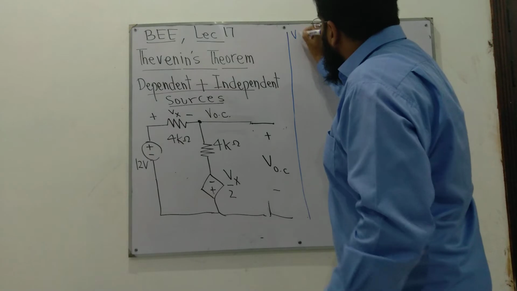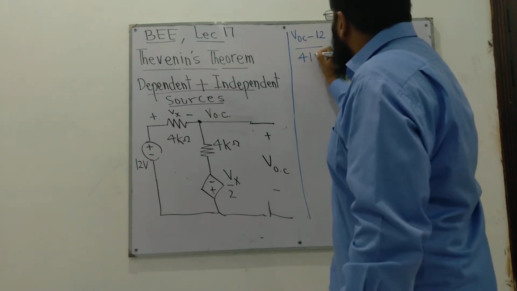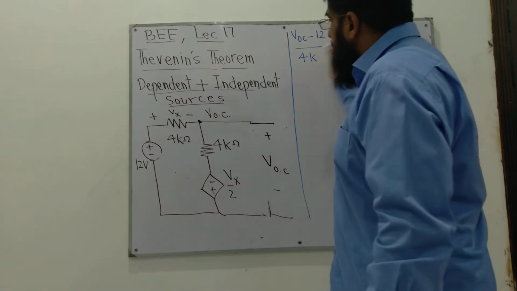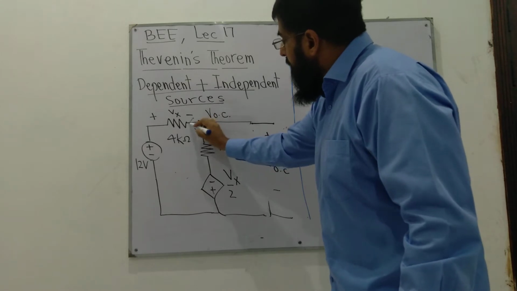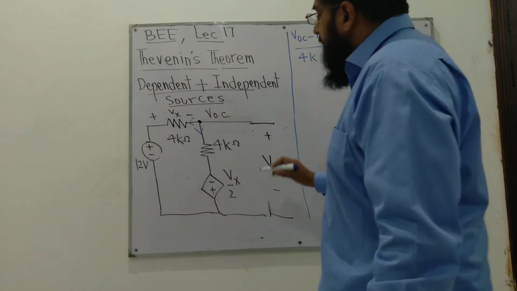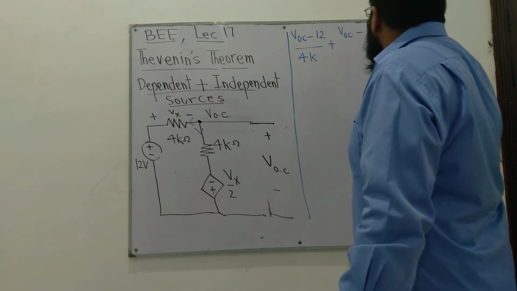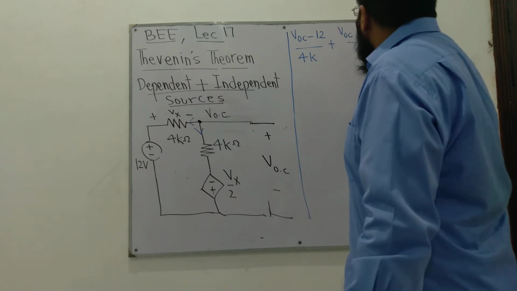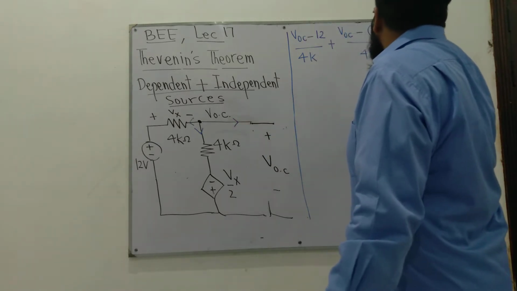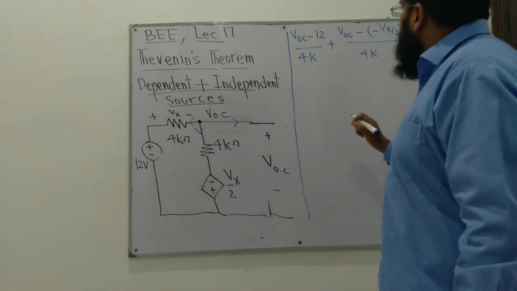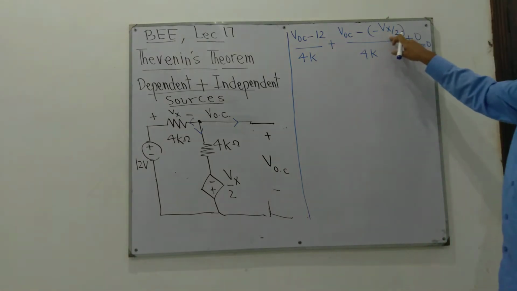That is VOC minus 12 over 4K is the current, plus the downward current, VOC minus Vx by 2 divided by 4K, plus the current in this branch is 0, equal to 0. So here we have one equation and two variables, VOC and Vx.